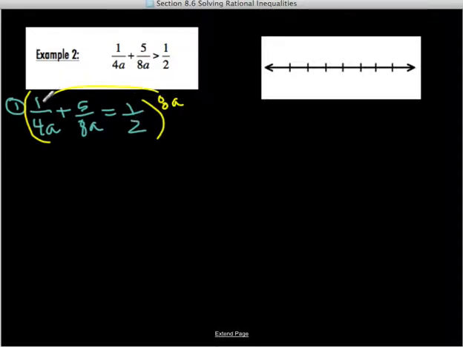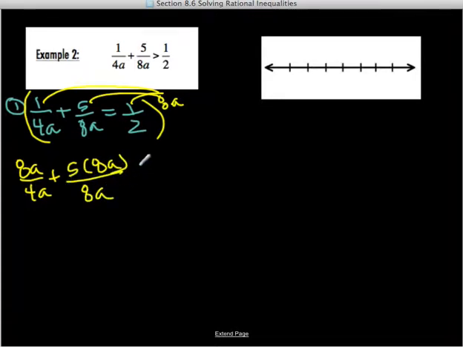So I take these, multiply to my numerator. Well, 8a times 1 will give me 8a over 4a. Plus 5 times 8a over 8a will equal 8a over 2. So I would simplify. 8 divided by 4 is 2, and my a's will simplify to 1.